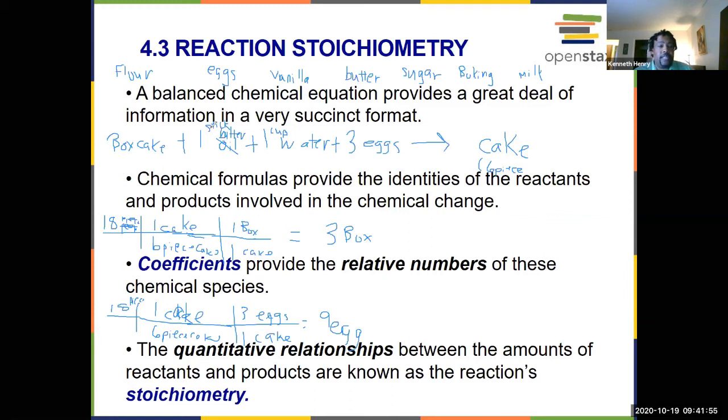That is going to be the distinction. We're going to use those coefficients to help us set up our chemical equation. We know for 1 box cake, we had 1 stick of butter, 1 cup of water, 3 eggs, right? So those coefficients tell us how much of the compounds we are going to be looking at. So you want to try to apply this to chemistry real quick?